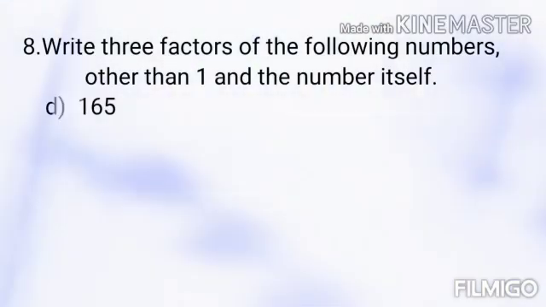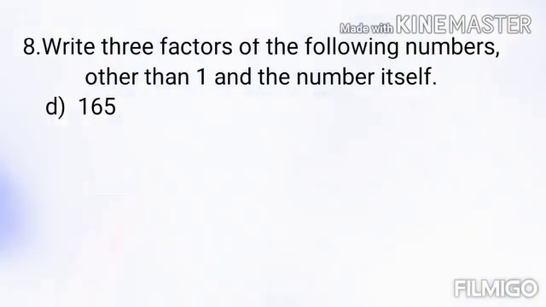The next question we will see: write 3 factors of the following numbers other than 1 and the number itself. The number is 165. So we have to find the factors of 165 other than 1 and itself. Factor means the number by which 165 is divisible.